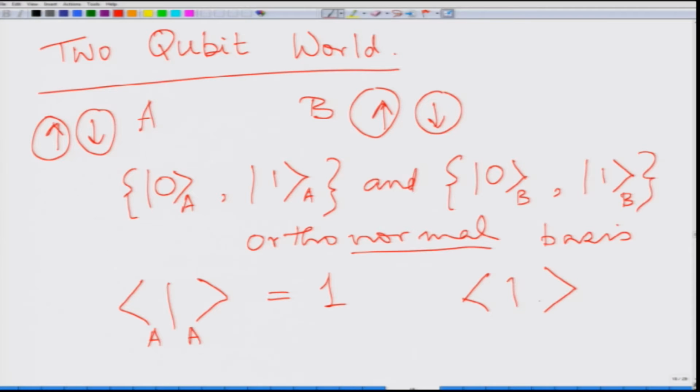If I take anything of the other kind, say A B, then it will always be equal to 0. That is the idea of orthonormality, right. So, this is what we have chosen to be the orthonormal basis, so that they can have a combination of this kind.